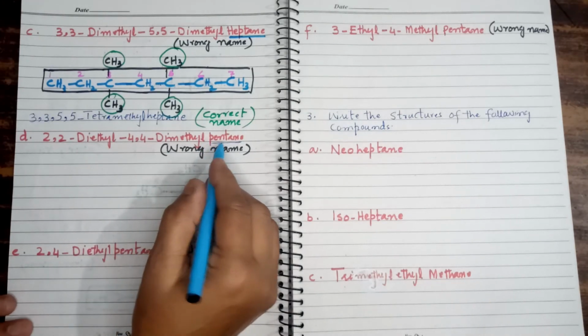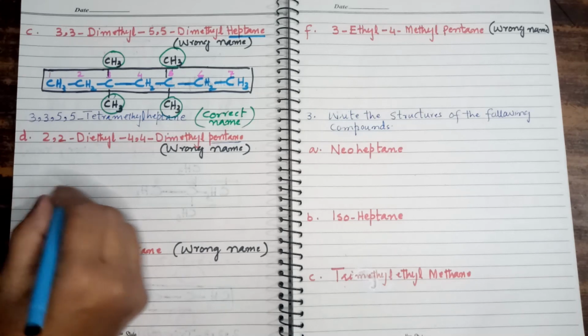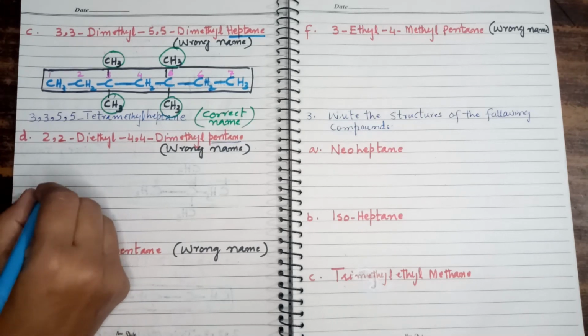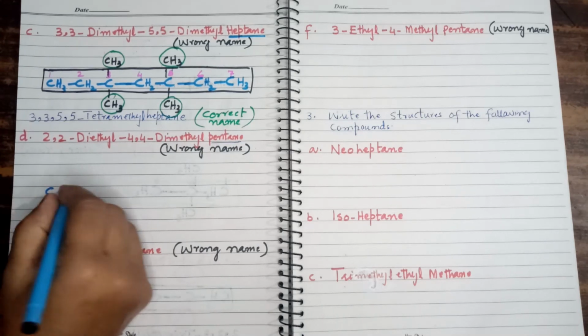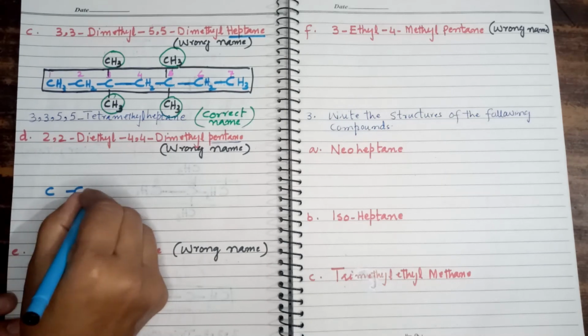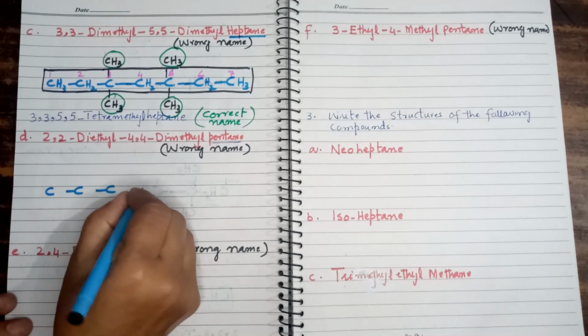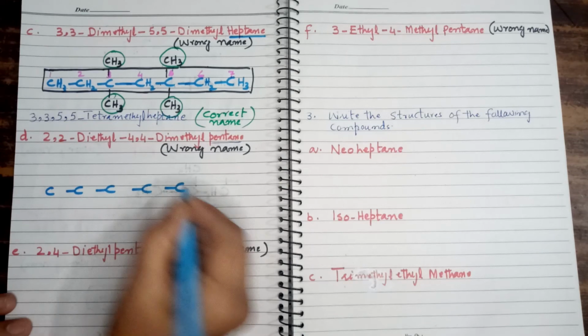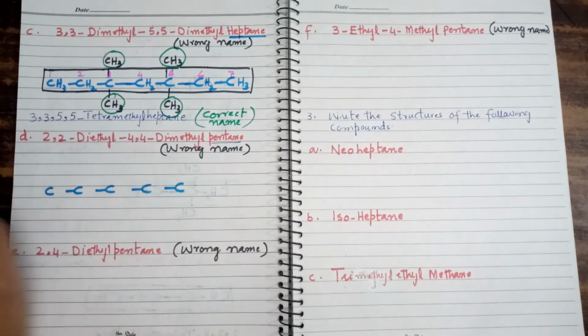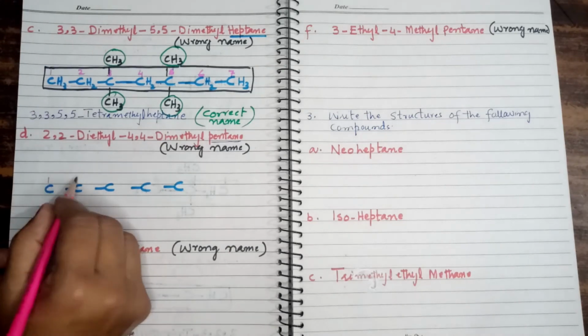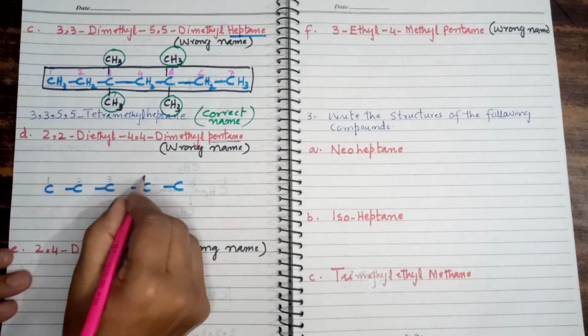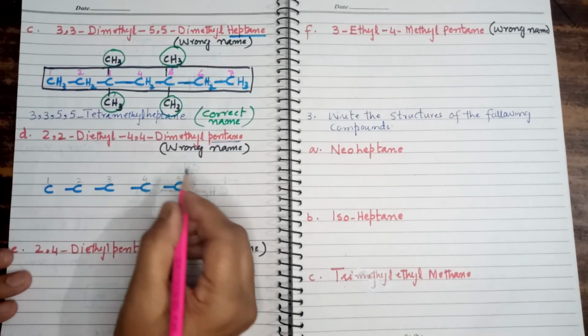Yes, 5 carbon atoms. So we made the skeleton of 5 carbon atoms. 1, 2, 3, 4, 5. Right? Now do the numbering any way. 1, 2, 3, 4, 5.